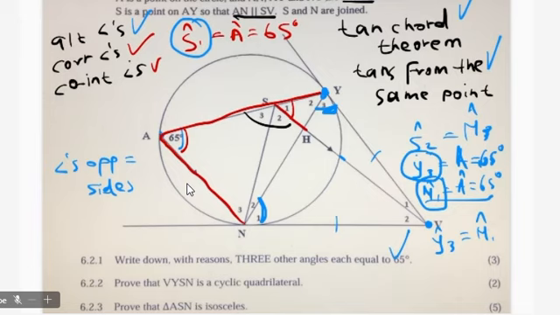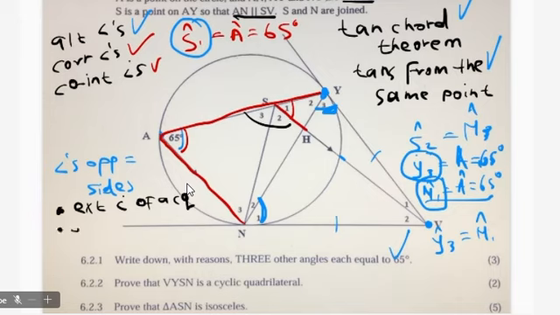To prove that a quadrilateral is a cyclic quad, you have to keep these reasons into consideration. The first reason is external angle of a cyclic quad, so I'm just going to say CQ, cyclic quad.